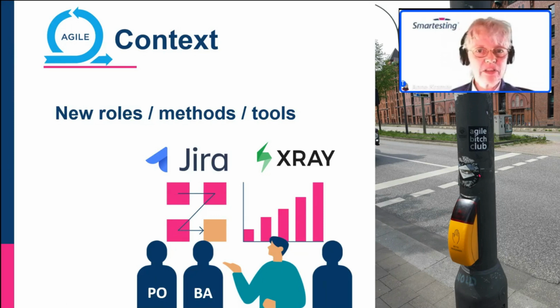The core of agility is pretty much a mindset and different new roles, different methods, and of course also new tools. Especially those two, Jira and Xray, are quite popular in the agile world. But it's not using the tool that makes you change the habits of how you work. One of the very important aspects of Agile is that we have the new roles. In particular, we have the product owner, also sometimes called business analyst.